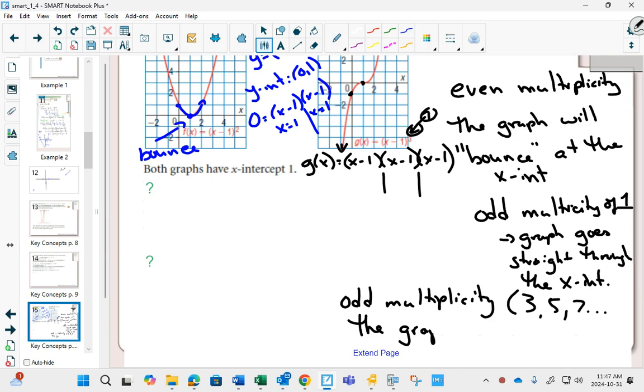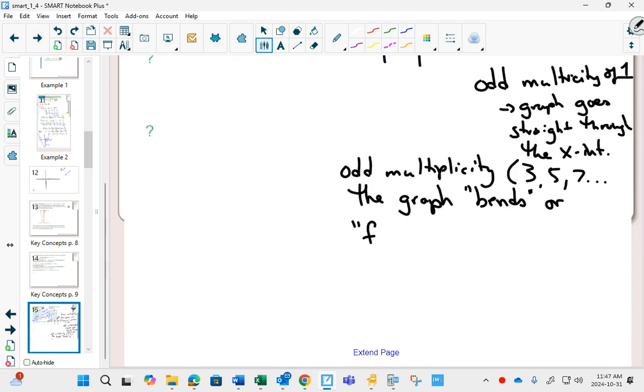the graph bends, is a good word, or I really like this wording. It bends or flattens out at the x-intercept.